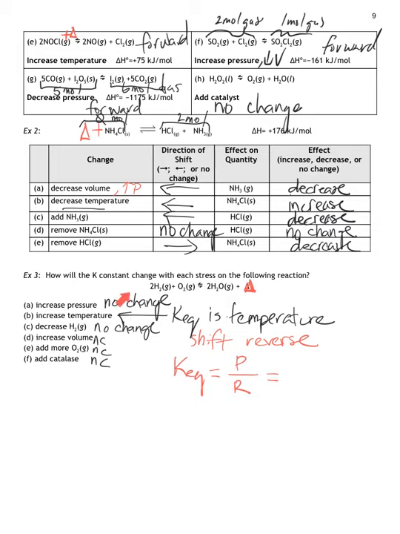If you're shifting this way, you're making more reactants, and of course you're losing products.